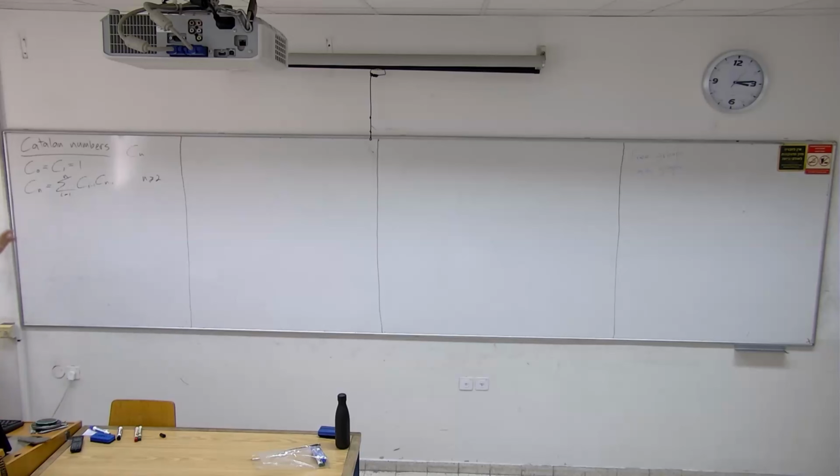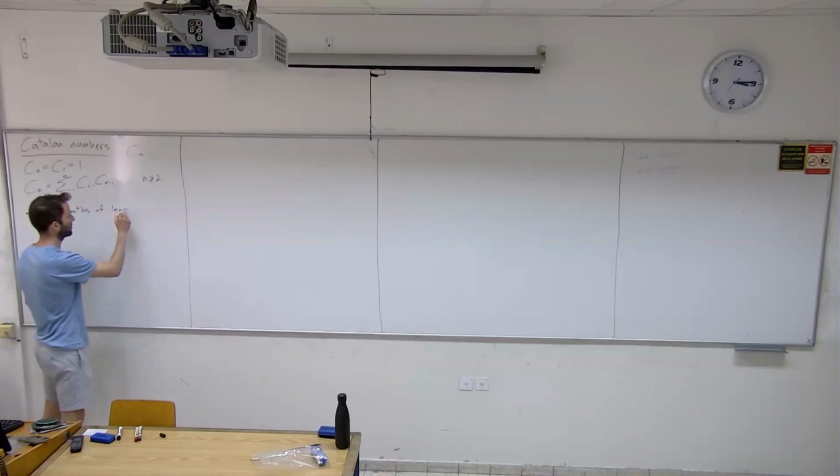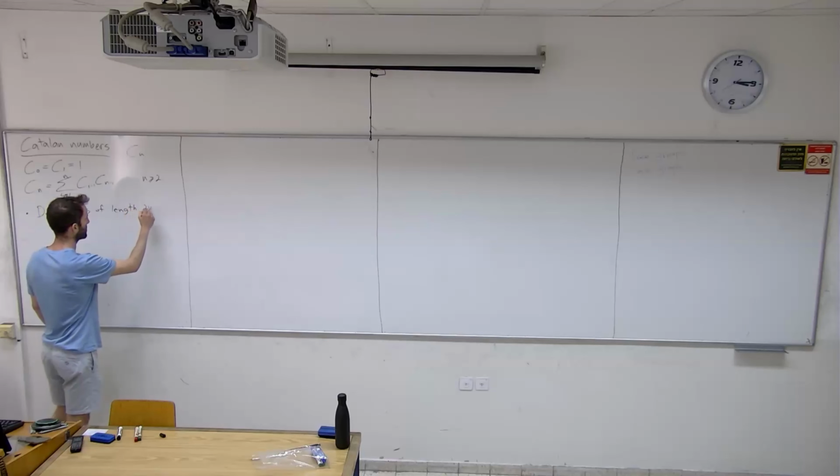Now, these numbers can represent a lot of combinatorial objects. They naturally occur in many counting problems. So I'll mention a few and talk about some of them. One we've already seen in the lecture today is the number of Dyck paths of length 2n.